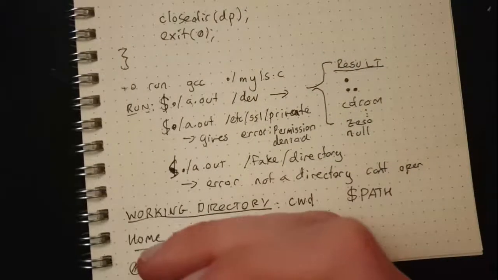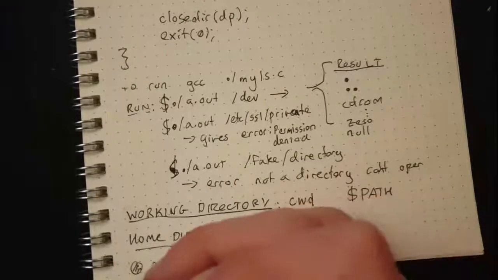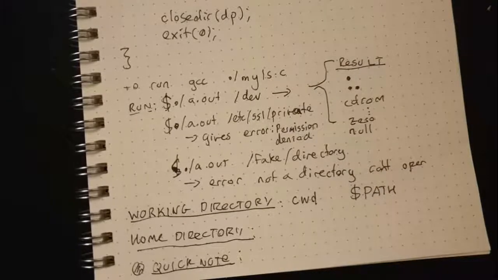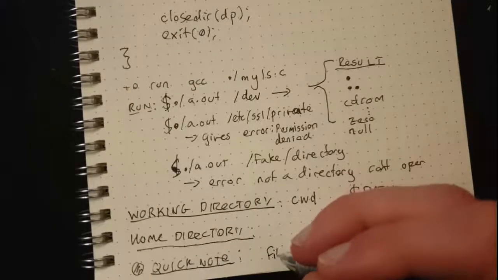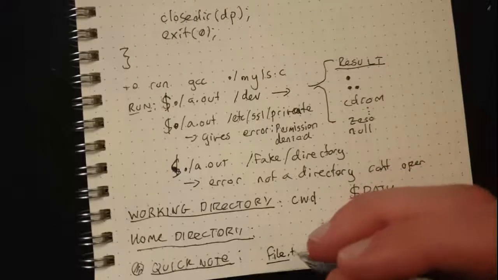A quick note: when it comes to files, in Linux, basically anything is considered a file, at least to a certain level of abstraction. Most things can be accessed as if they were a file. So you have a file, like .txt.